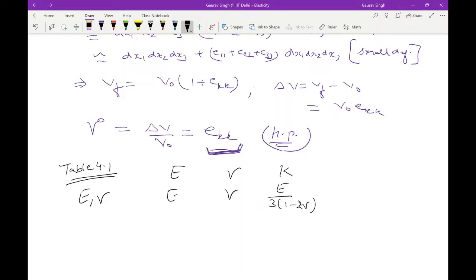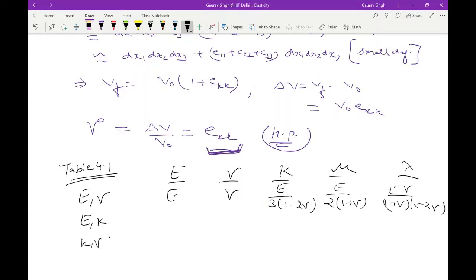And mu will be equal to E by 2(1 plus nu), and lambda will be equal to E nu by (1 plus nu)(1 minus 2 nu). So all possible combinations are there, so you can check out this textbook and so on.